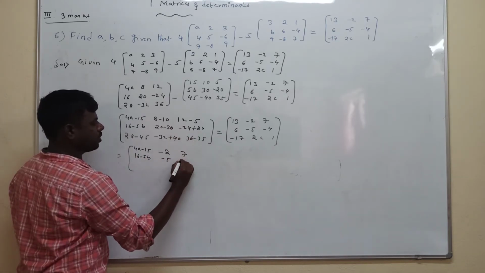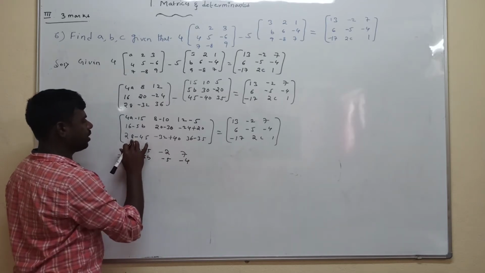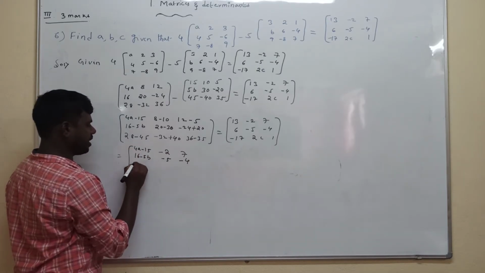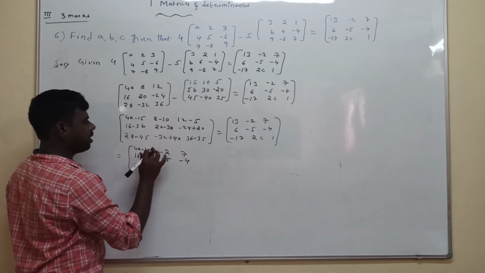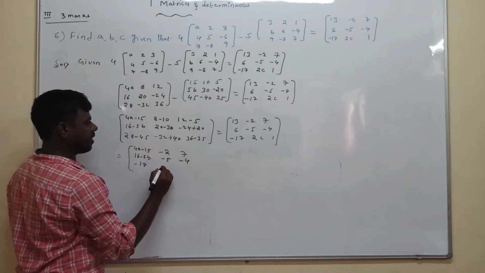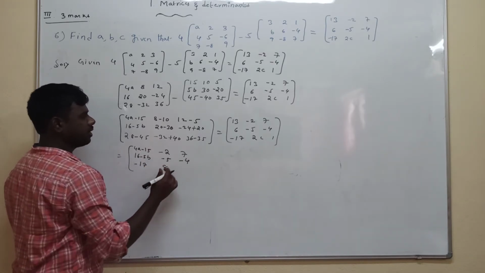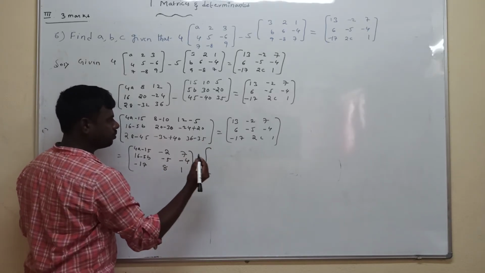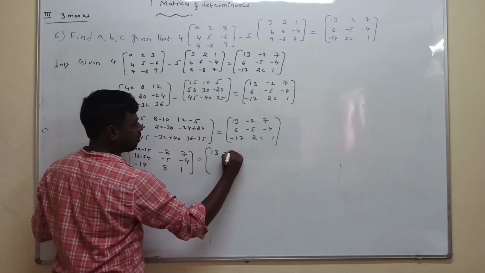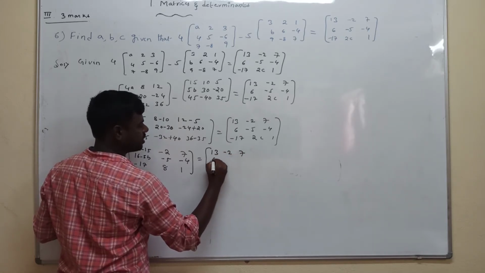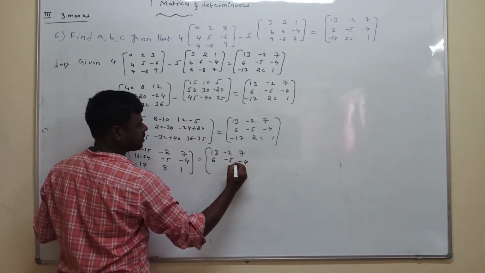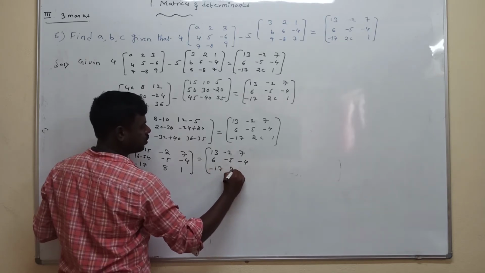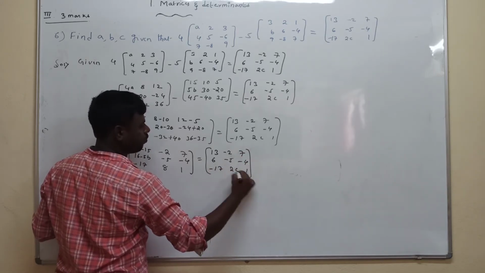Minus 24 plus 20 is minus 4. 28 minus 45 is minus 17. Minus 32 plus 48 is 8. 36 minus 35 is 1. So the matrix is 4a minus 15, minus 2, 7, 16 minus 5b, minus 5, minus 4, minus 17, 8, 1, equal to 13, minus 2, 7, 6, minus 5, minus 4, minus 17, 2c, 1.